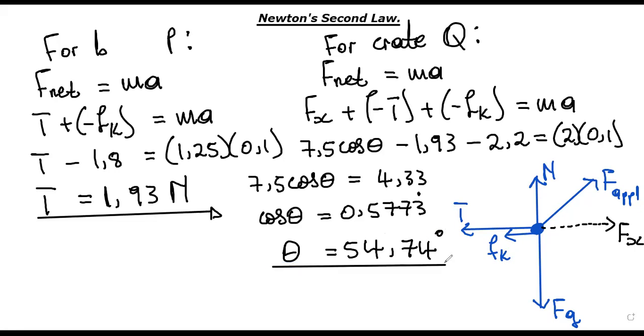Do you see that? Yeah, it's just a matter of being decisive. You have to see which situation is relevant to which block, especially if you are given the acceleration or the tension sometimes. Yes, I think this should be it for this question, right?